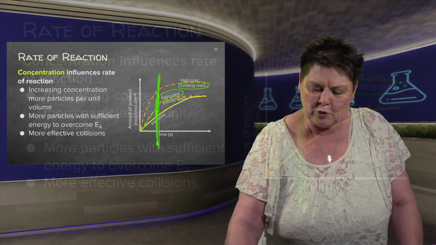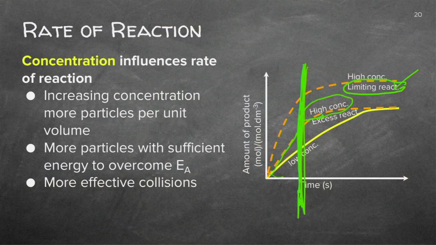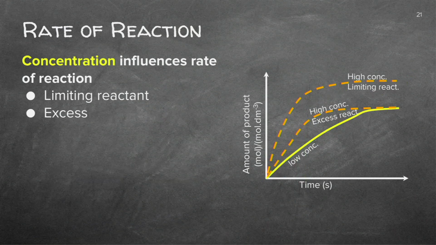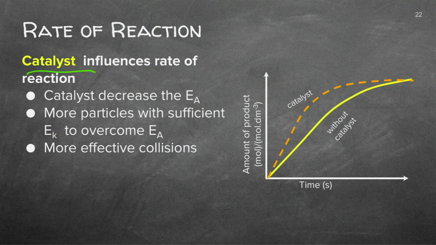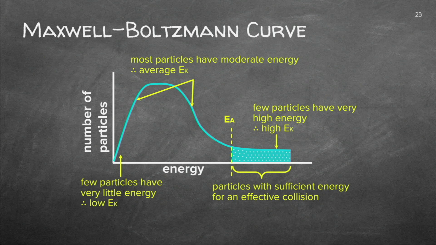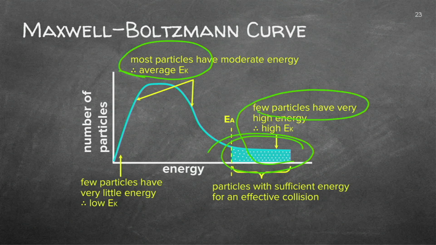So it's very important that you see the limiting reactant finishing before the higher concentration one. The rate of reaction will be determined by the limiting reactant, and obviously the excess will just be in excess. Right, a catalyst on the other hand will speed up the process, the time will be faster. And for a last look at Maxwell-Boltzmann, most of the particles have average energy. The few particles with enough energy will be indicated there, and that's my activation energy.